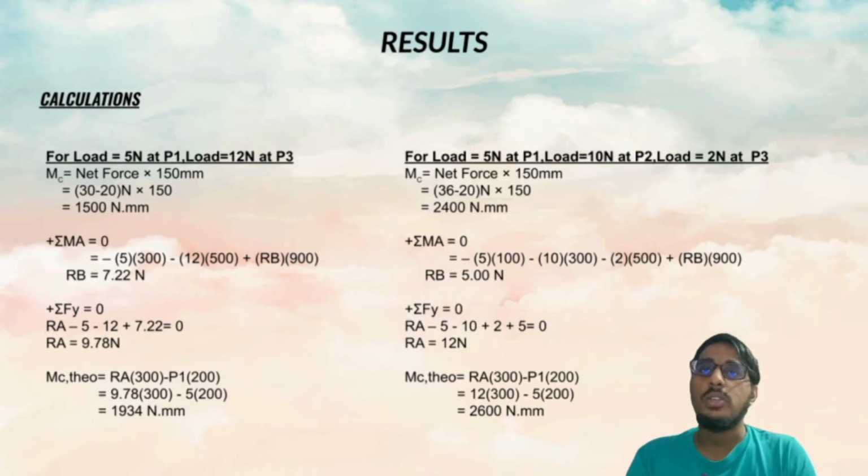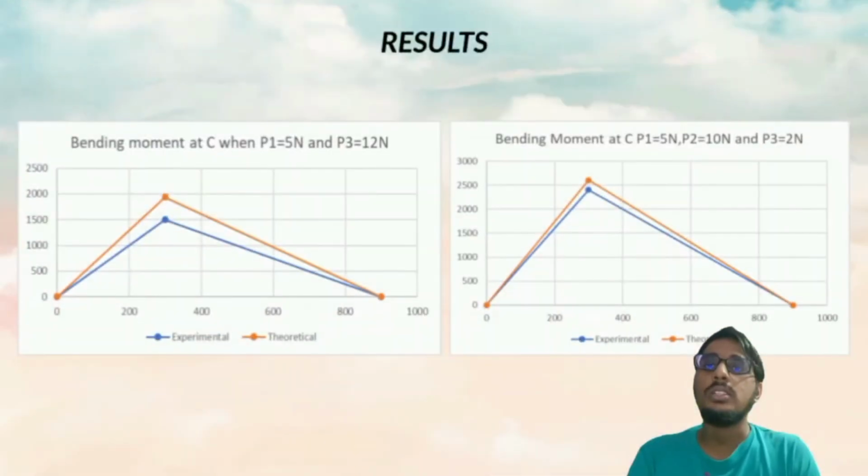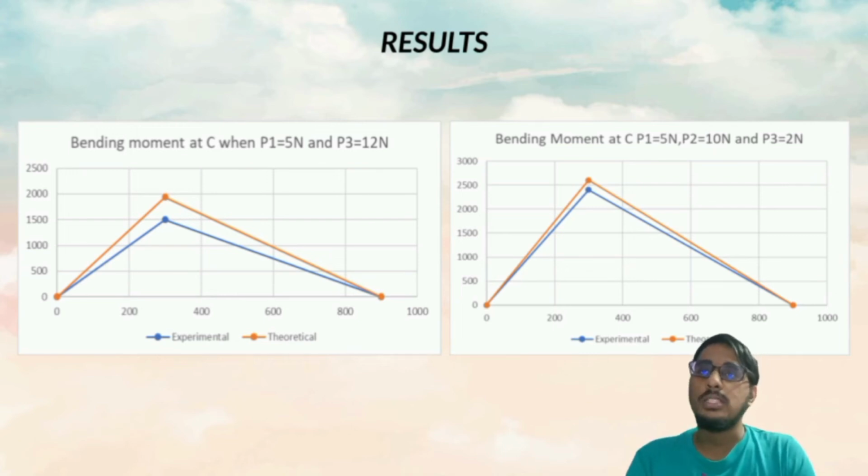Same goes for the second situation, which is for load equal to 5 Newton at P1, 10 Newton at P2 and 2 Newton at P3, where we got the bending moment at C of 2400 Newton millimeter, and the theoretical bending moment equal to 2600 Newton millimeter. Now we're going to see the graphs of the bending moment at C when P1 equals 5 and P3 equals 12 Newton, and the bending moment at C when P1 is 5 Newton, P2 is 10 Newton and P3 is 2 Newton.